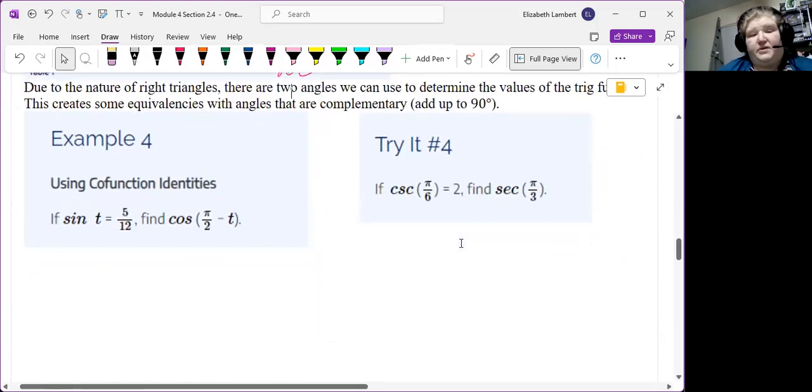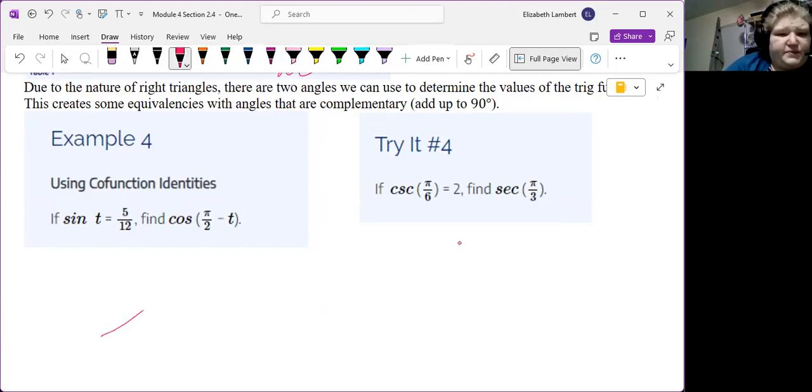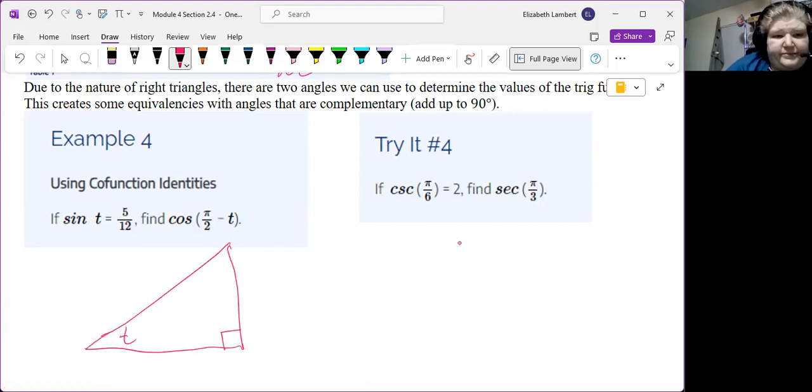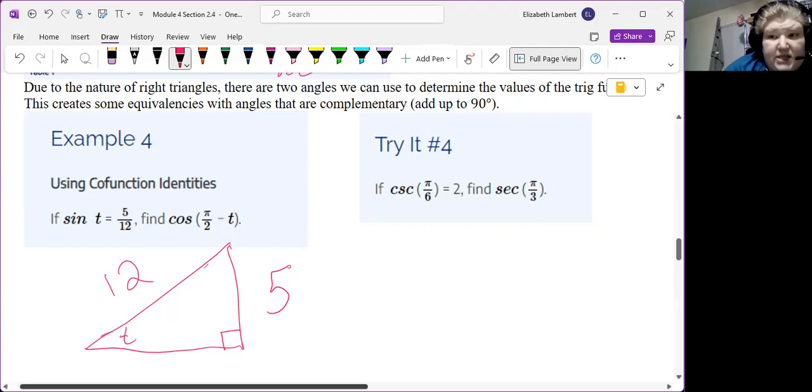All right, so here, if the sine of t is 5 over 12, and then we can even fill it in. Sine is opposite over hypotenuse. The cosine of pi over 2 minus t. All right, if this is t, this is the complement of t.